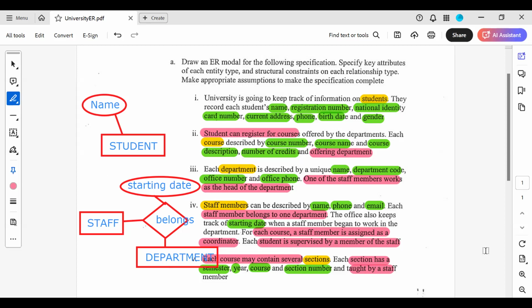Or is it multiple sections? Let's say the course has 5 sections, right? What do you think? Are the 5 sections taught by 5 staff members? Depends, right? If you're assuming that each section is taught by a different staff member, then it's one to one.